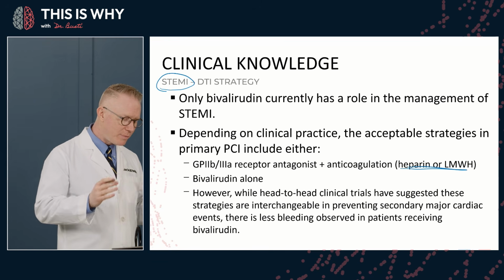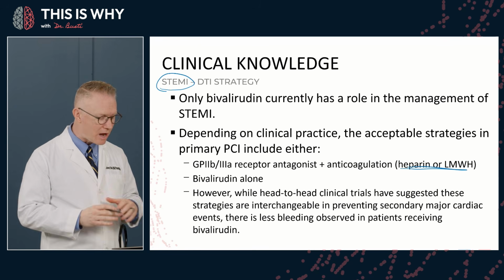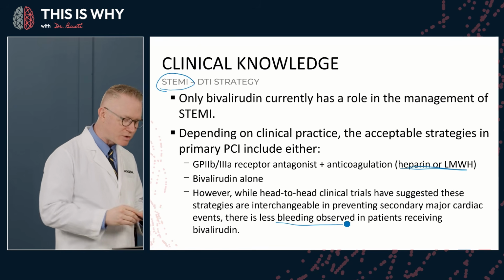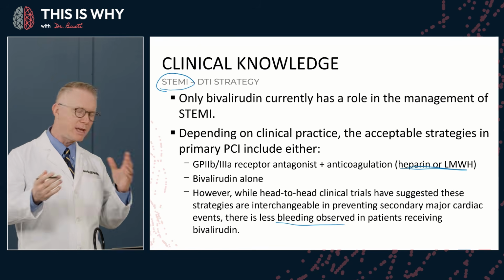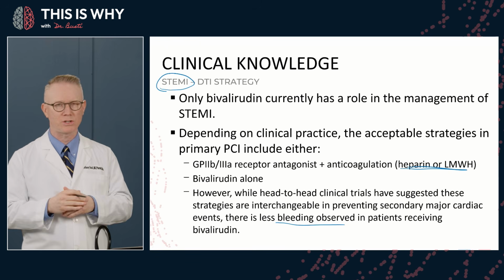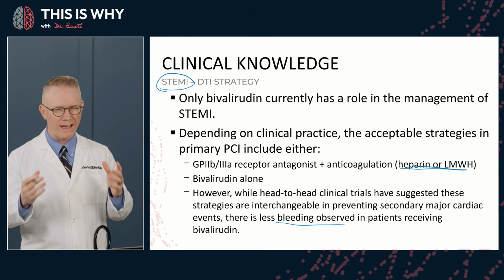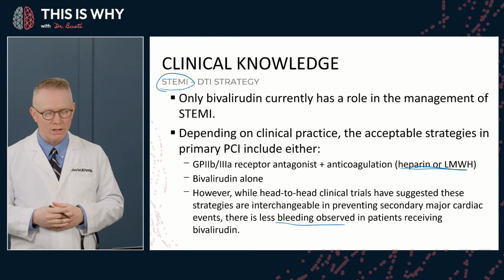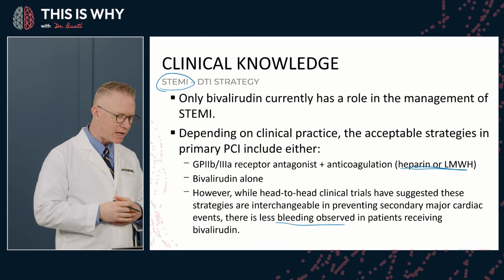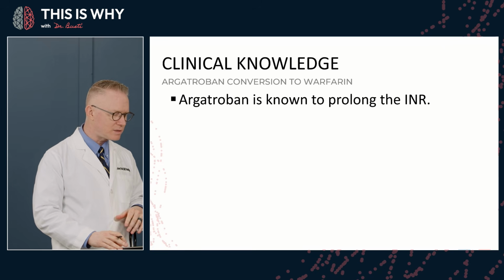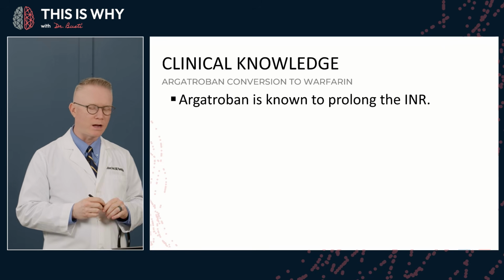Okay, but it's still being worked out. Maybe there's a little bit less bleeding observed in patients with Bival. And again, it has to do with your interpretation of the overall evidence and your real-world clinical experience. But again, some of these are nuances that people talk about.